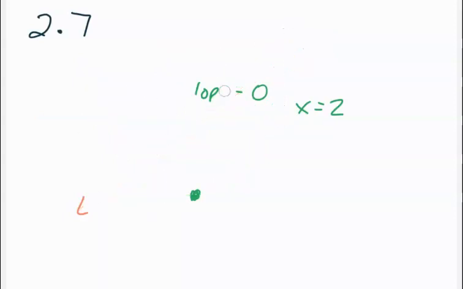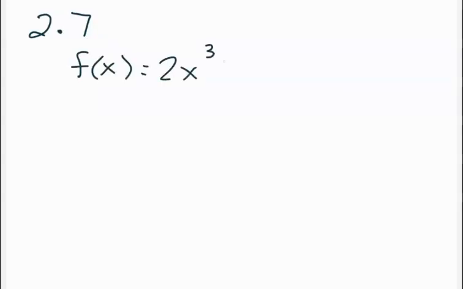All right, the next one, they give us the actual function, and they tell us that the function has two critical points. But even if they didn't, if they just said, where are the critical points?